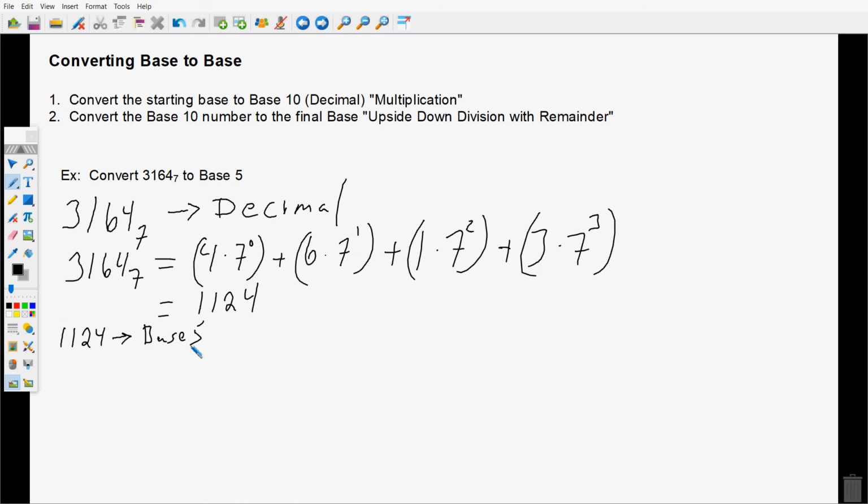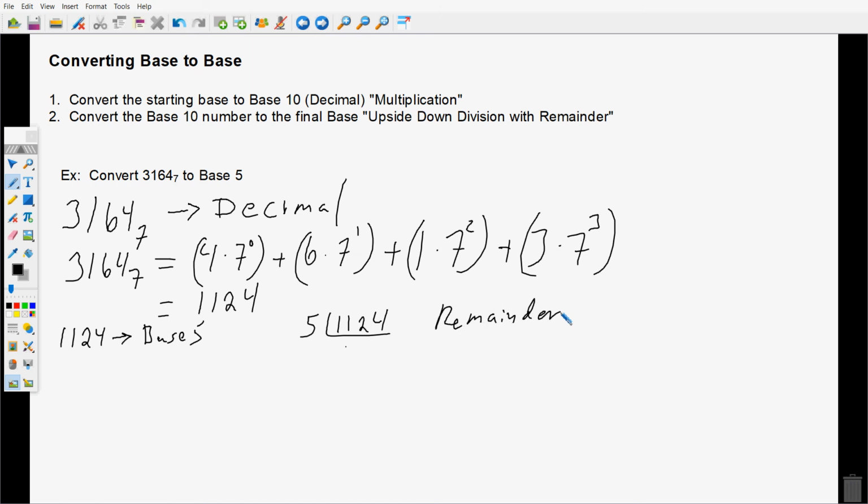To make it into a base 5 number, do upside down division. So 5 is going to go into 1124, and to the right of that, write remainder. So punch in your calculators 1124 divided by 5.